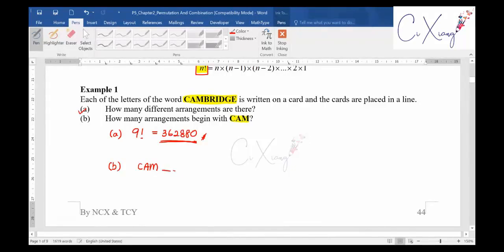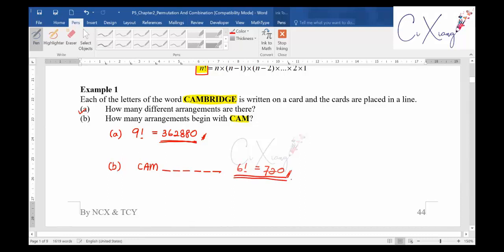What you are going to arrange is the remaining 6 letters at the back, because in total you have 9 letters. So the CAM is fixed in front, therefore you still have the remaining 6 letters at the back. To arrange these 6 letters, and all the 6 letters here are different, the answer should be 6 factorial, which is 720.